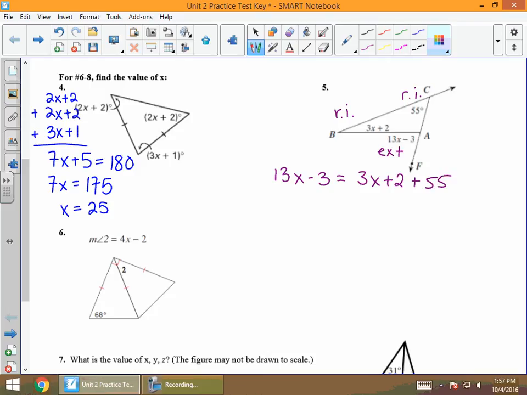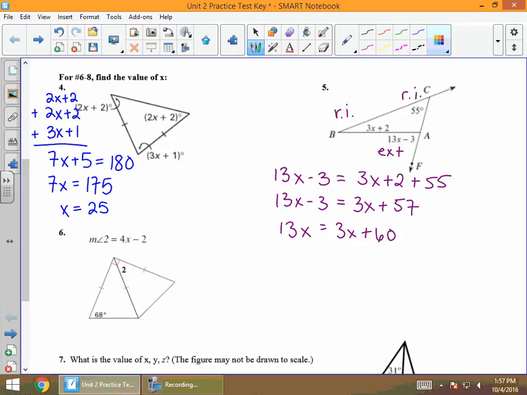Let's do a little algebra. So I'll leave the left side alone. 13x minus 3. Let's do some substitution here. Combine the like terms. 3x and 2 and 55 is 57. Add 3 to both sides. So 13x equals 3x plus 60.